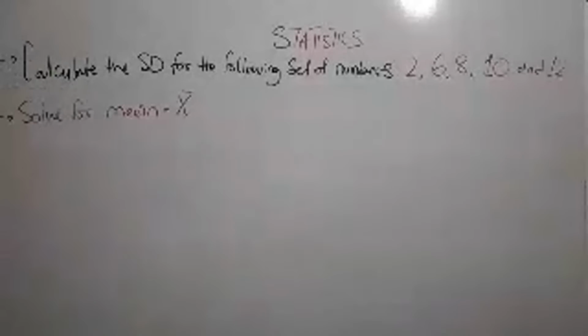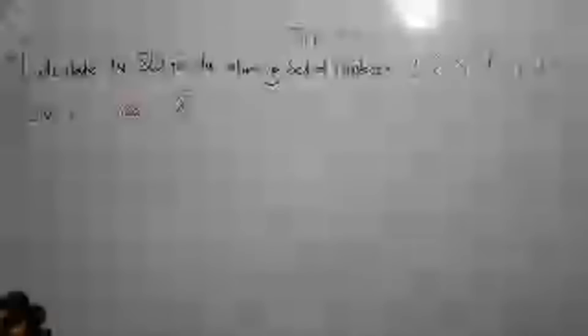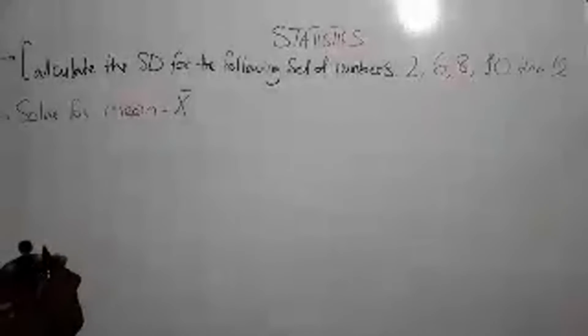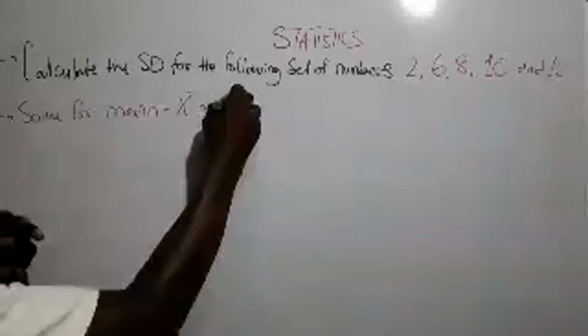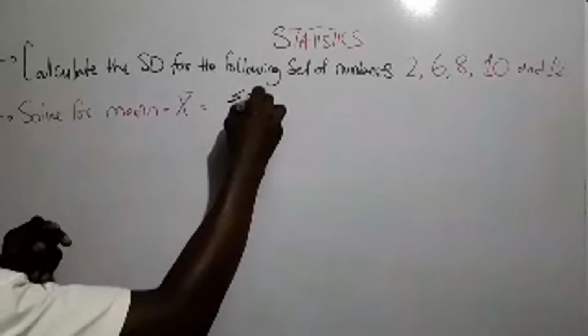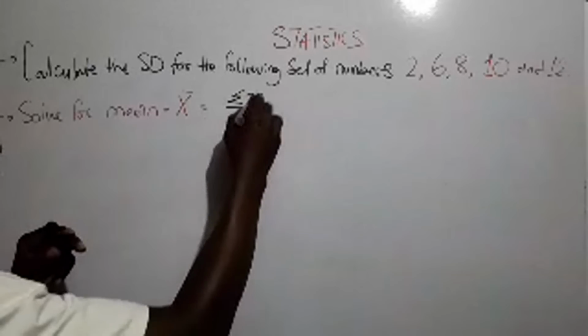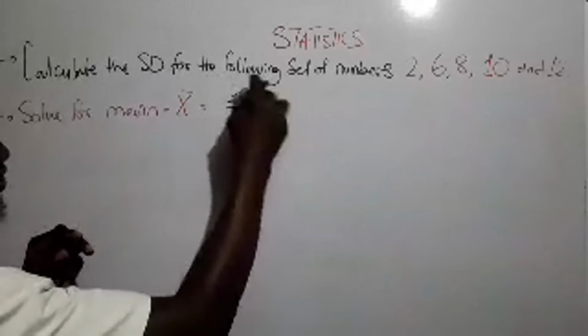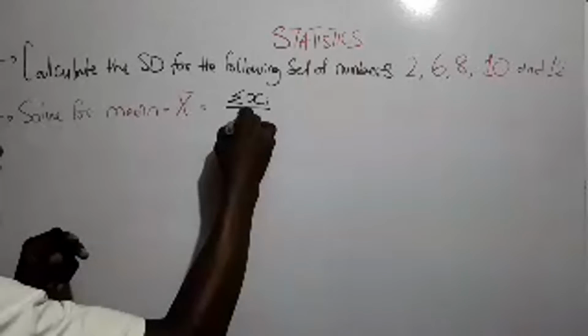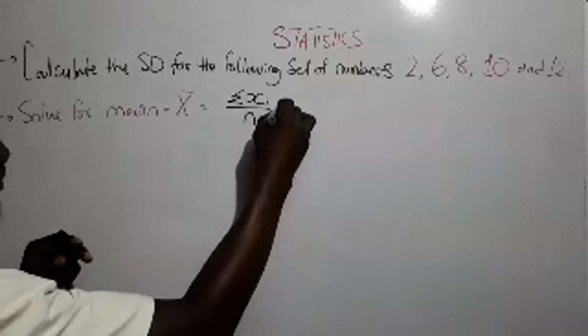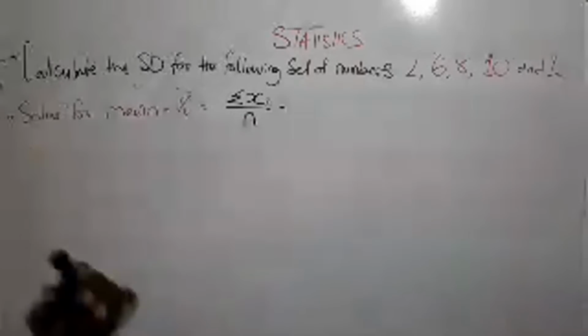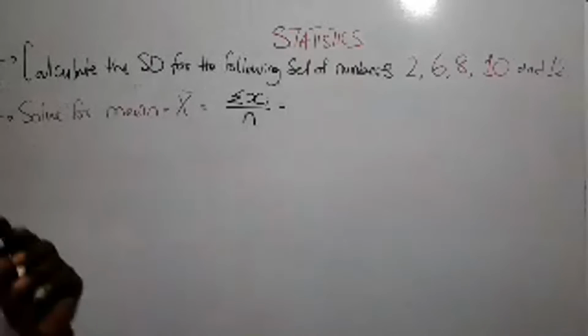We are expected to count all this data: 1, 2, 3, 4, 5. The mean, x bar, equals summation xi all over n.